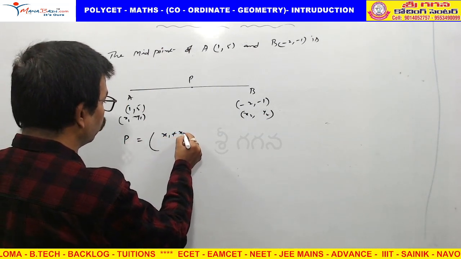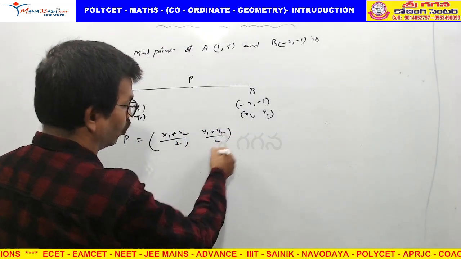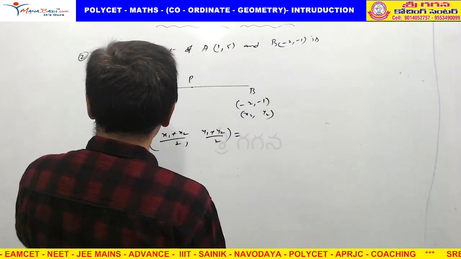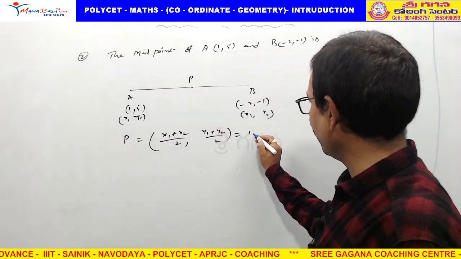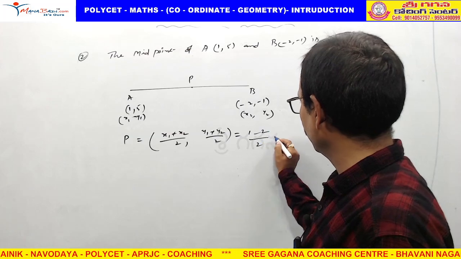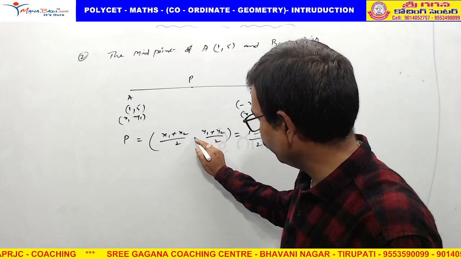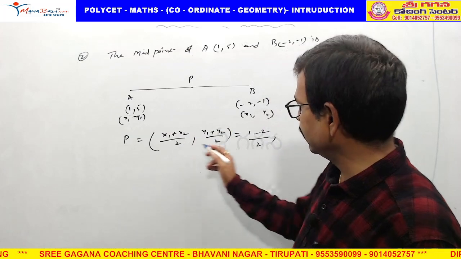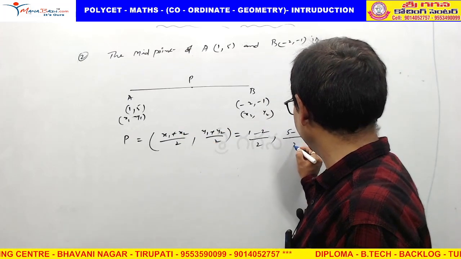Okay. So now P is ((x1 + x2)/2, (y1 + y2)/2). Okay. What is x1 here? 1. Here x2 is -2, divided by 2. In between comma will come. Next, y1 plus y2 means 5 minus 1 by 2.